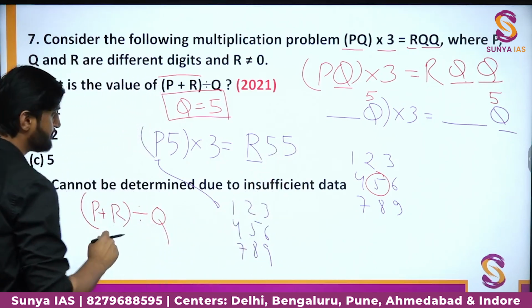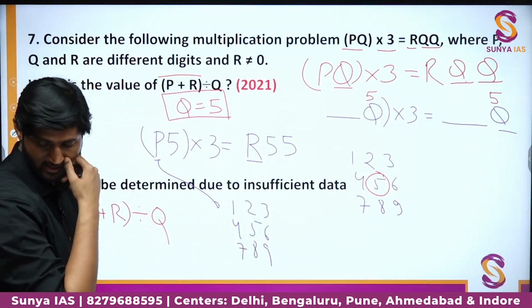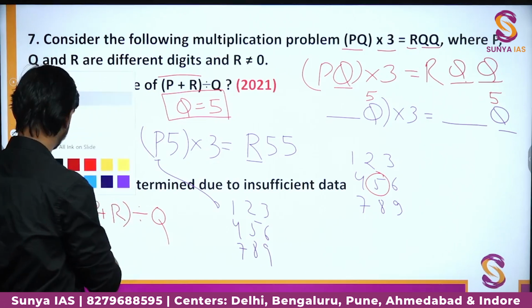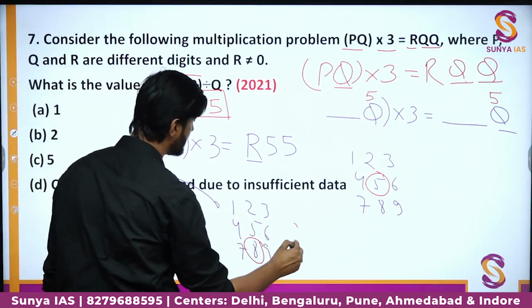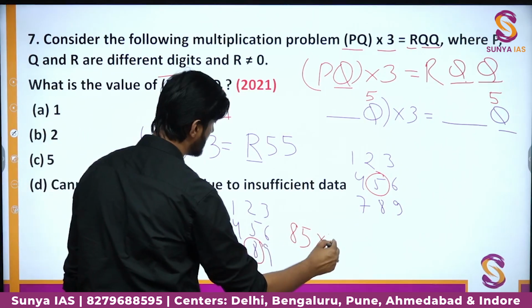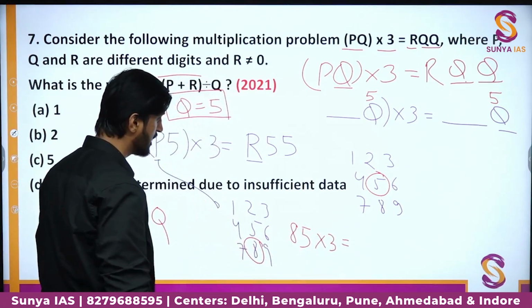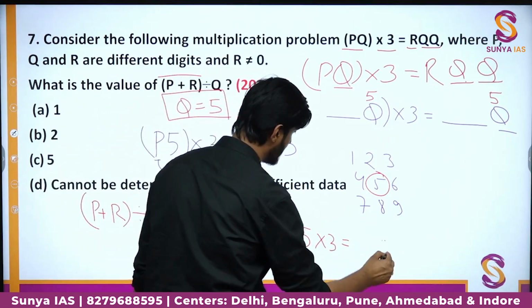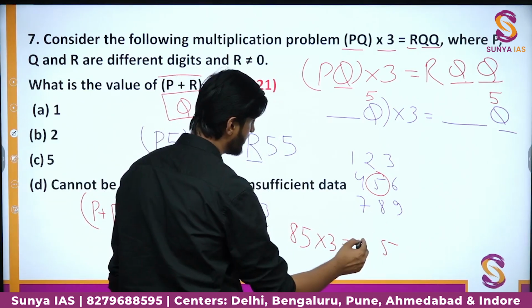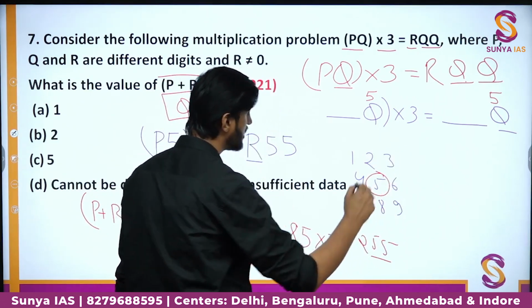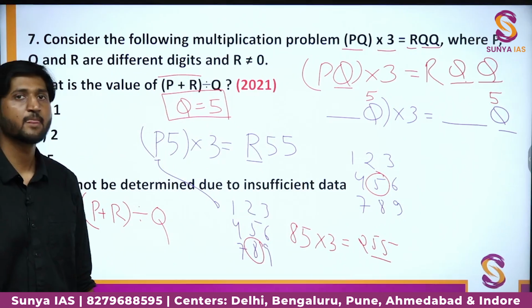Now if we go with the digits, let's say P is equal to 8. I am choosing this digit, P is equal to 8. It will become 85 into 3, and when you actually do the multiplication, you get 3 into 5 is 15, 1 goes carry over, 3 into 8 is 24 and 1, 25. So now the product becomes 255, right?